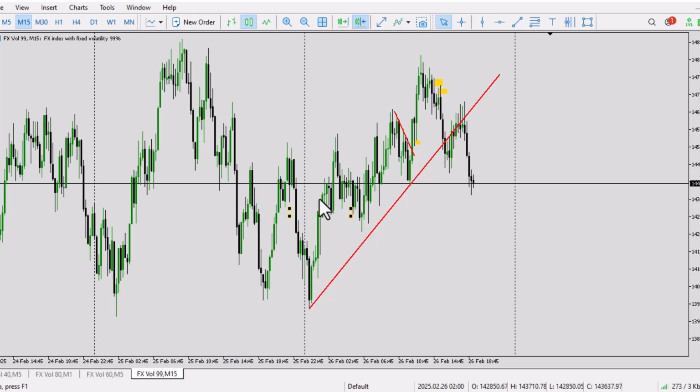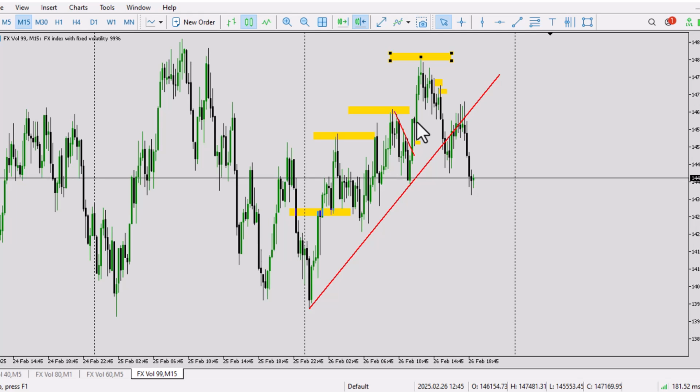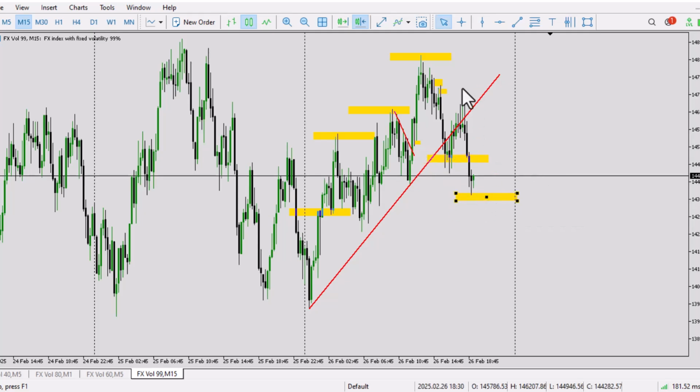So we have this higher high, another higher high, another higher high. In this case, price was in a bullish trend. What we wanted to do on the lower time frame is to look for buy positions. And where price is currently at here, price is now in a downtrend, and we are looking for sell positions. For now, we were looking for buy positions around this area.